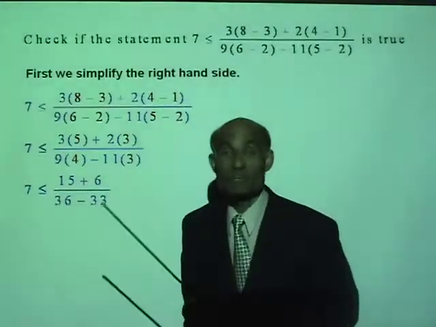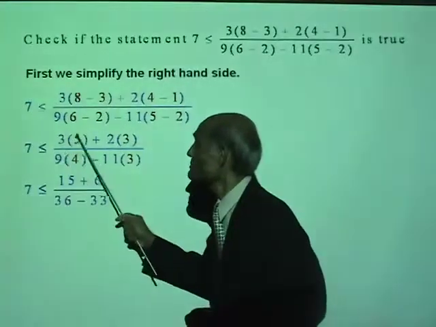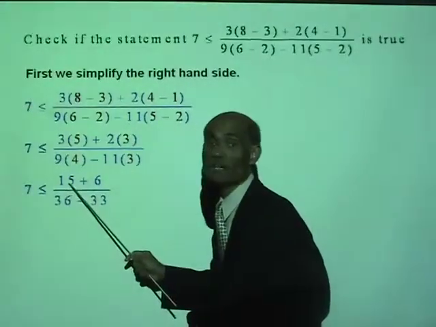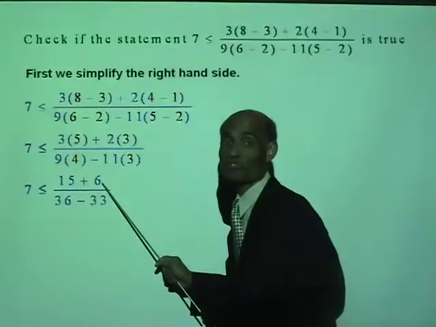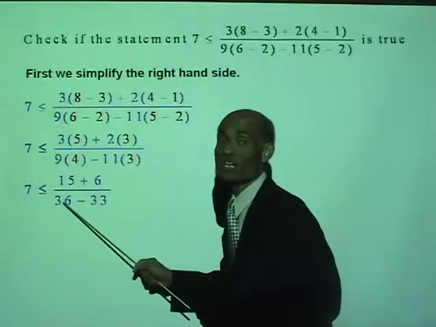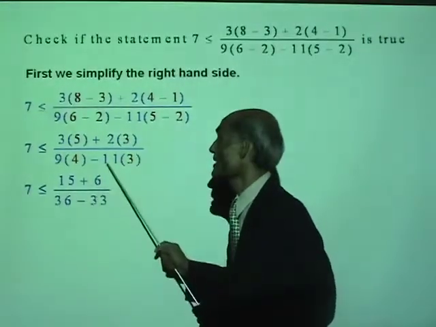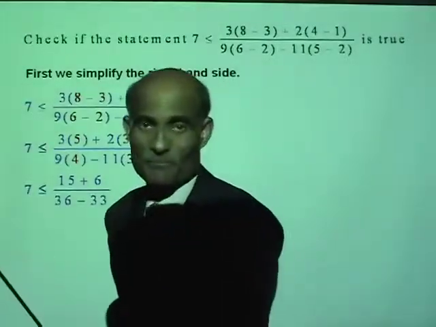What is the next thing to do? We need to do the multiplication. 3 times 5 is 15 plus 2 times 3 is 6 all over 9 times 4 is 36 minus 11 times 3 is 33.